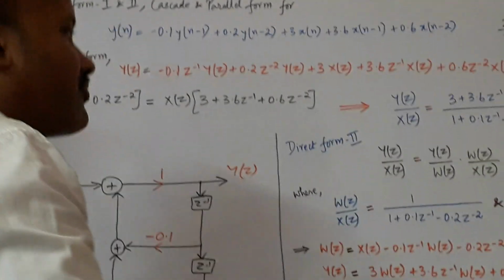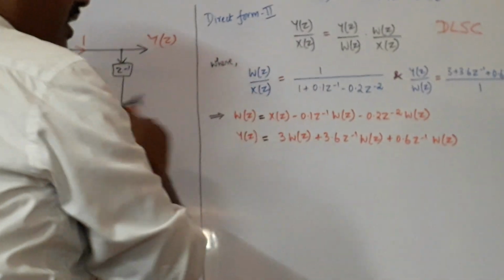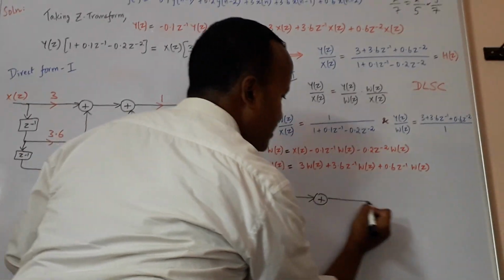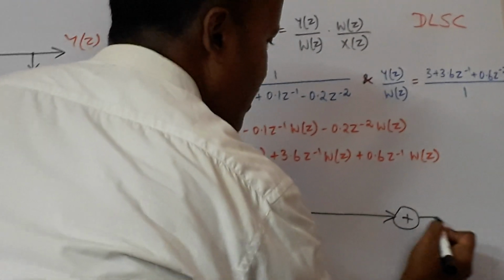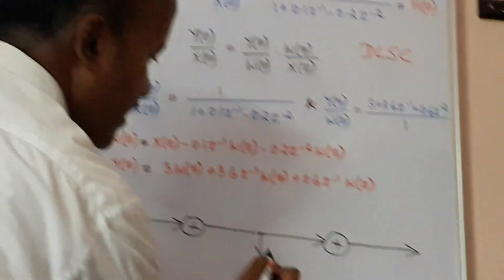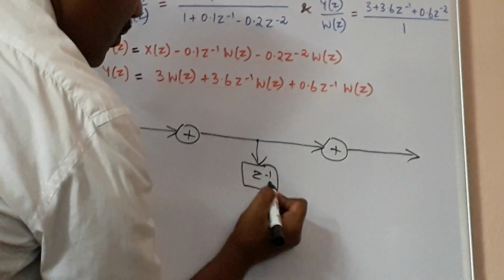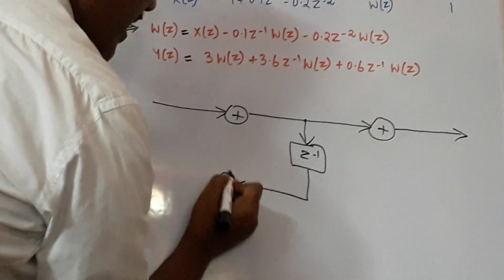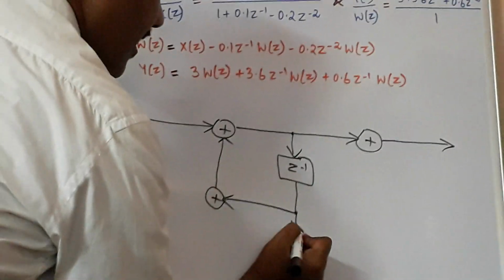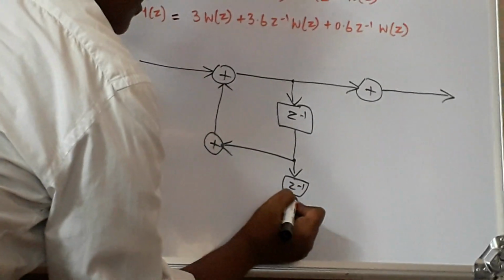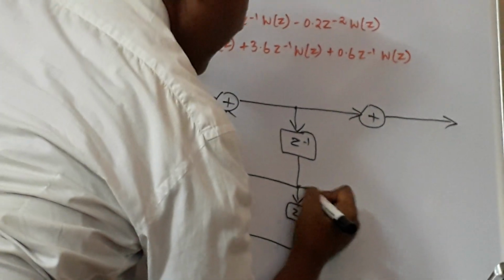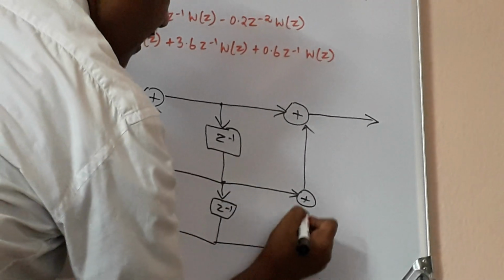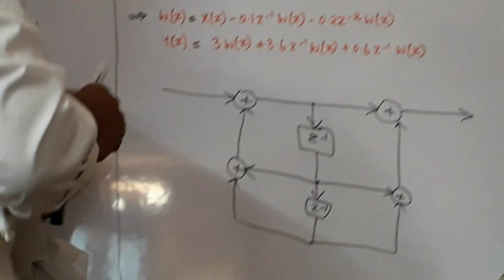Okay. So how to draw for direct form 2? Here direct form 1 adders are close to each other, direct form 2 adders are at a distance. Here we have a common adder in direct form 2. Common delay, adder this side and delay this side. Similarly, adder this side and this side. What is the input?